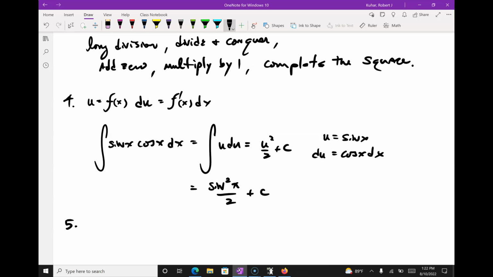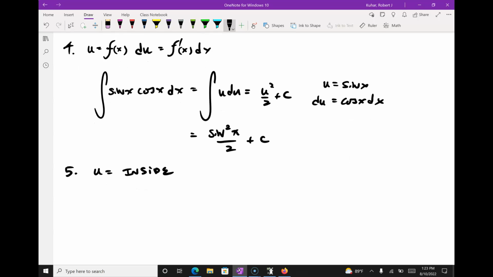Level 5 is u becomes the inside, right? If we see a complicated inside, a clear inside, we're probably thinking that's the way to go. So, for example, just something as simple as this. There's clearly an inside, right? You agree?